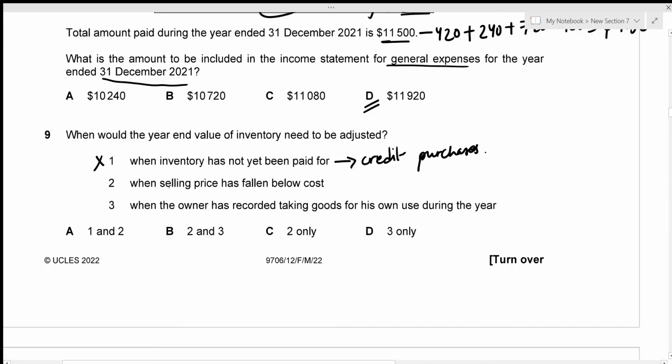So if the selling price is actually lower than the cost price, then we need to adjust the year-end value of inventory. That's true. And the third one is when the owner has recorded taking goods for his own use during the year. So if the owner had not recorded, then this would have been something that would have needed to be adjusted. But the owner has already recorded this, meaning that we do not need to adjust it. So this is just going to be our answer, C.